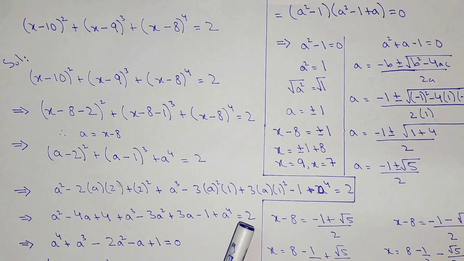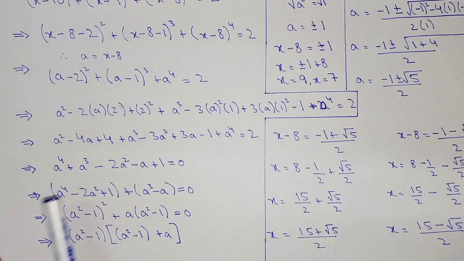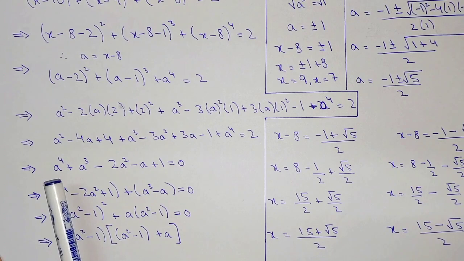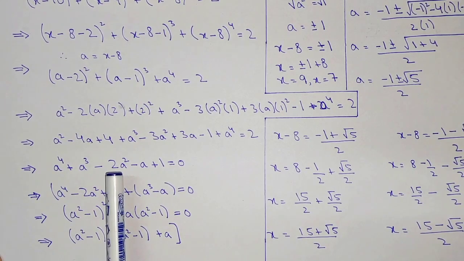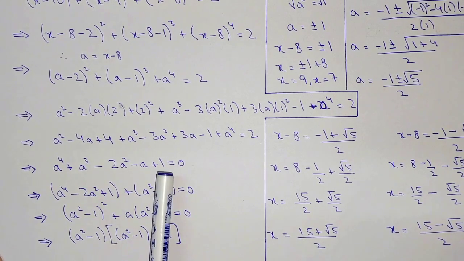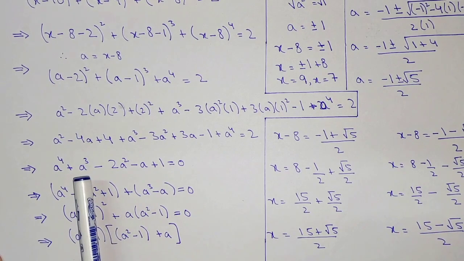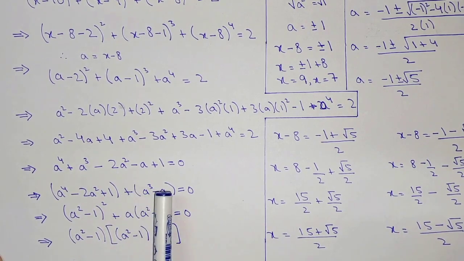Because if you bring 2 to the left hand side, that will be minus 2, so minus 1 minus 2 is minus 3, so plus 4 minus 3 is plus 1, so plus 1 equal to 0.